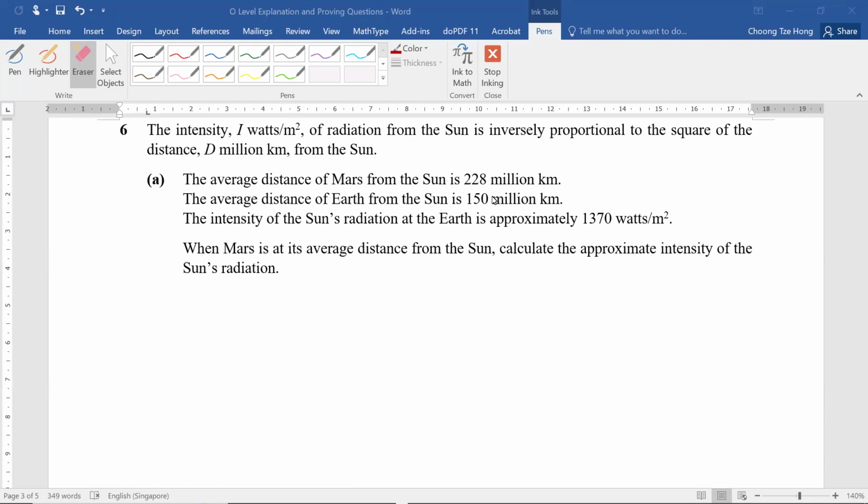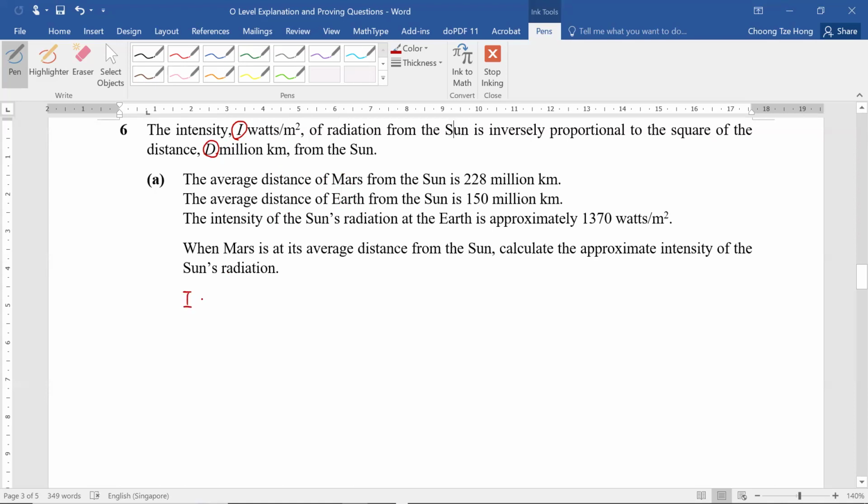Right, so over here we have an inverse proportion question, whereby the two quantities involved are I, the intensity of radiation from the sun, and D, the distance of the particular planet from the sun. So in this case, we can write out the proportion statement.